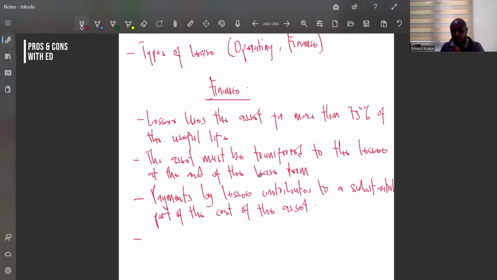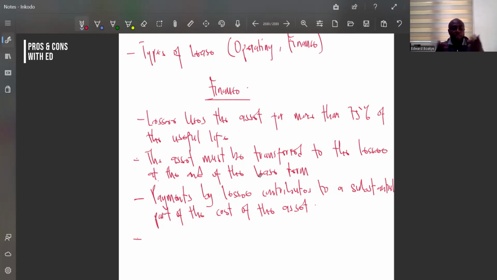The last point which differentiates an operating lease from a finance lease is that the asset is more or less a specialized asset, and only the lessee can use it. At the end of the lease term, if we transfer this asset back to the lessor, the lessor is not going to use it for anything.